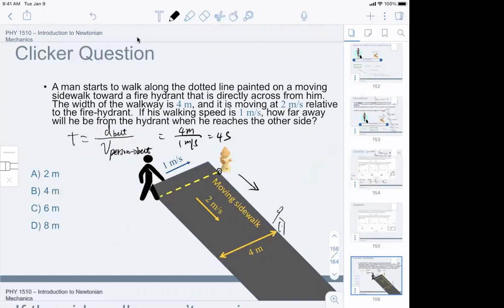So this distance this way would be the velocity of the sidewalk times time, which is 2 times 4, is 8 meters. So the person will be carried by the belt along this direction for 8 meters. So he will be 8 meters away from the fire hydrant. The answer is D.